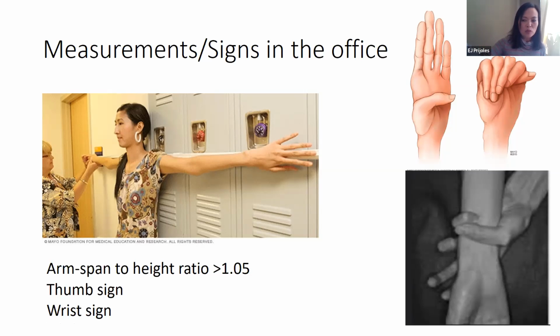I'll have one fingertip at an edge of a doorway or in the corner of a room and have the other tip straightened out, and I'll mark the wall and measure that arm span that way. Then you take the arm span and divide it by the height in centimeters and see what the ratio is. An arm span to height ratio that we call increased is greater than 1.05.